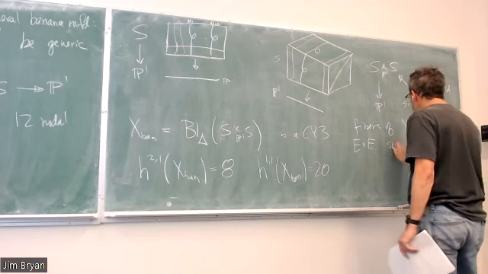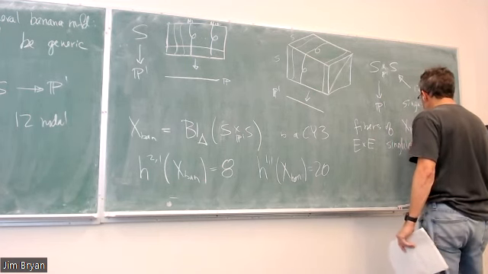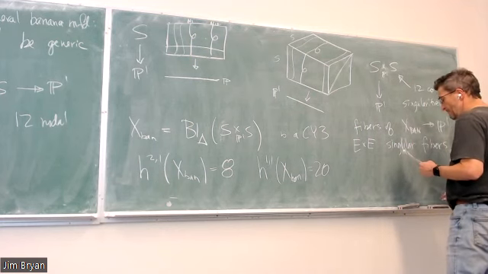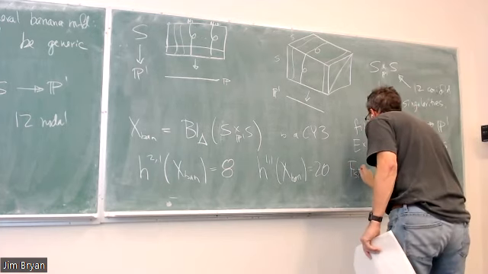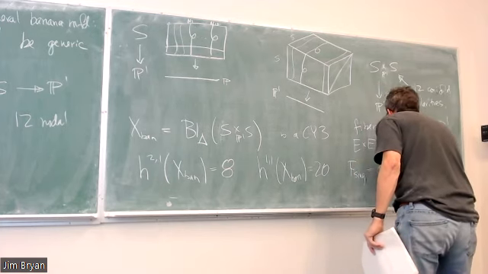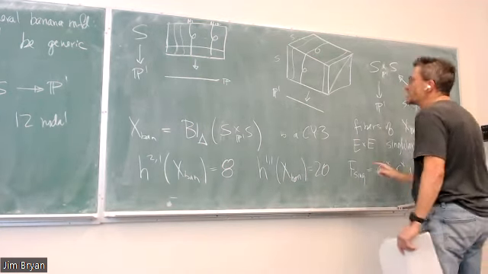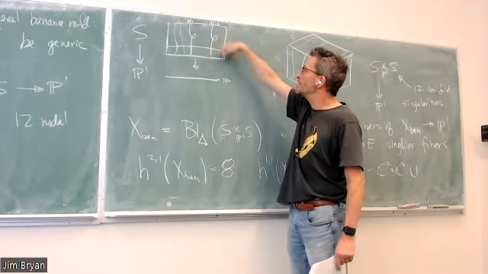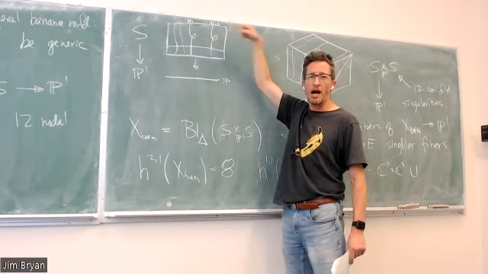And the singular fibers, so let me say F singular. Well, let me tell you, if I look at a nodal fiber of an elliptic surface and I remove the singular point, I get a copy of C star.